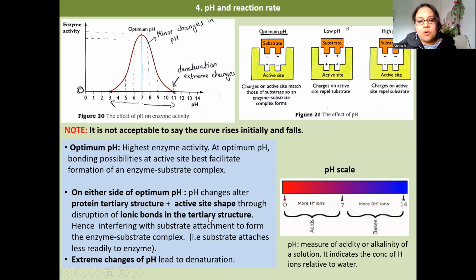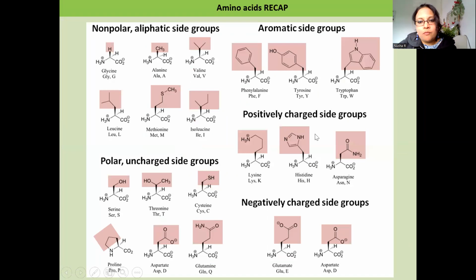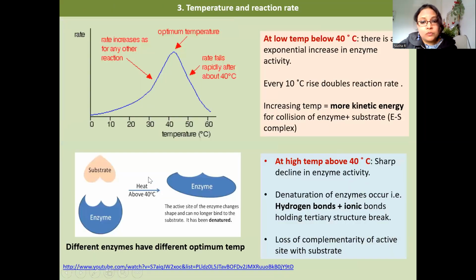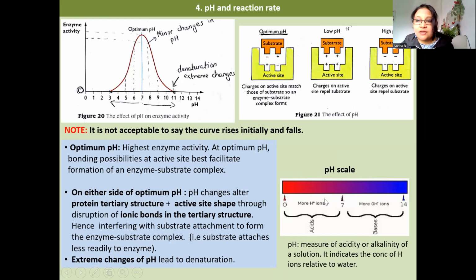Ionic bonds are formed by these positively charged and negatively charged R groups of the amino acids. So changing the concentration of hydrogen ions or OH minus ions would affect these charges, and hence the ionic bonds in the tertiary structure, interfering with substrate attachment to form the enzyme substrate complex. And that's what we're seeing here and here.